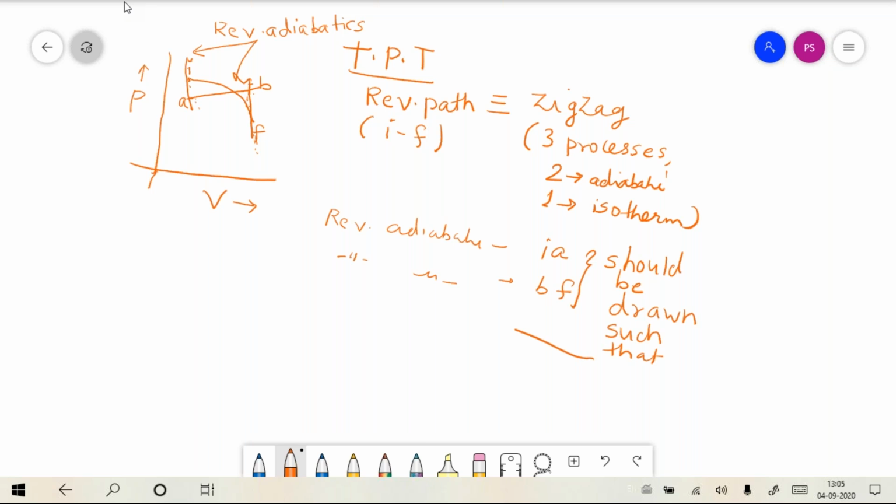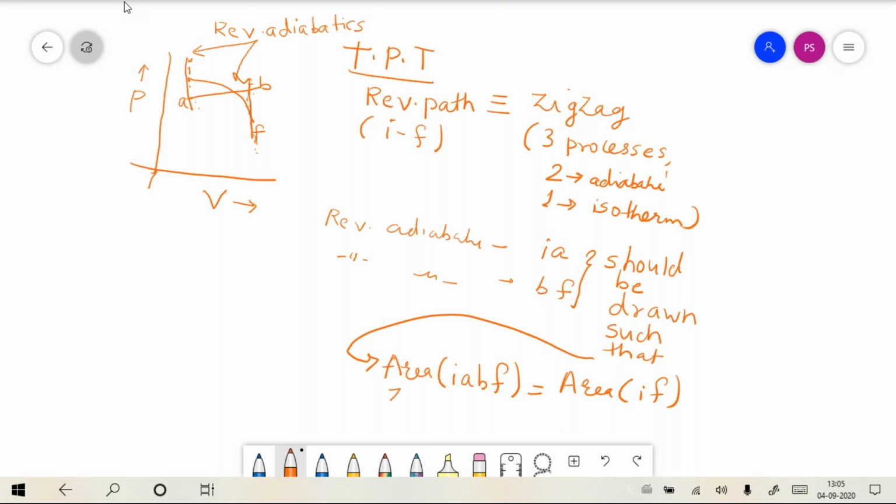Okay, what is the condition which is to be satisfied? The condition to be satisfied is that the area under IABF has to be equal to the area under IF. It means that the area under the zigzag path has to be equal to the area under IF.